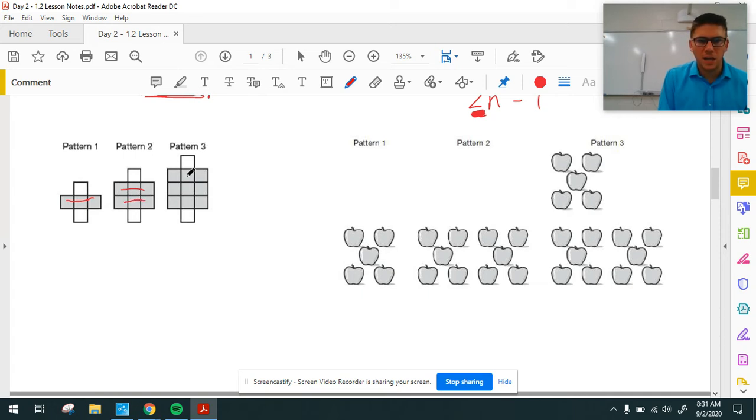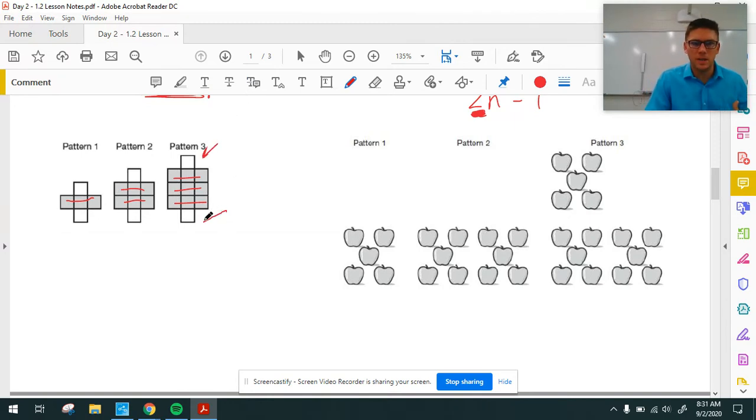Pattern 3 has 3 sets of 3. Okay, so what could we do with that? There are sets of 3, so it's the pattern number that tells you how many sets, but there's always 3 in that set. All right, so we're thinking about how that expression could be built.